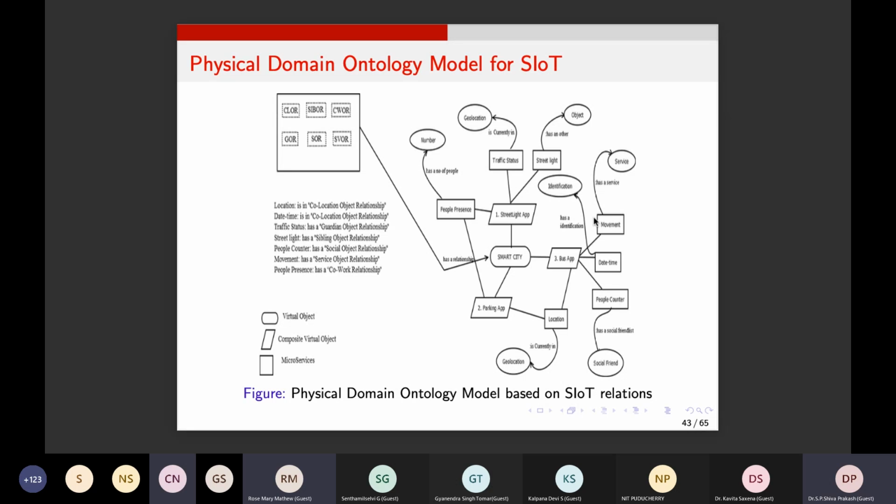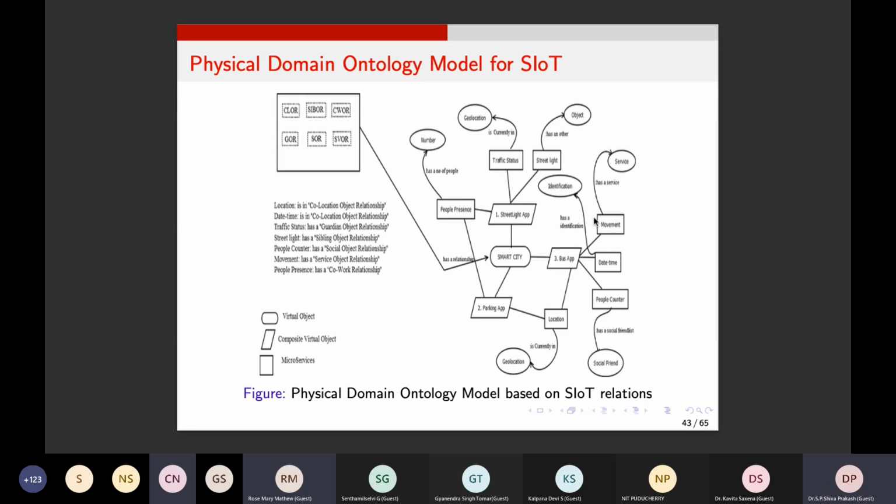So if you observe this, within a smart city you have three different applications. One is the street light app, the parking app, and the bus app. Now of course the street light app is checking the people's presence. The parking app is checking the locations, right?